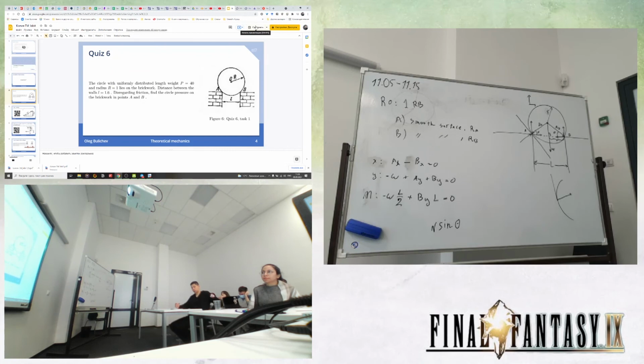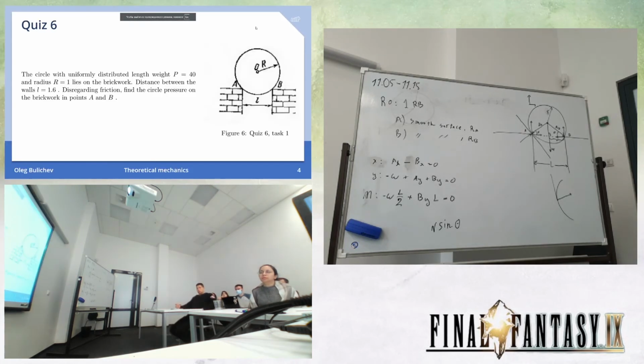Okay. But if you calculate AB by the Pythagorean theorem, it will be 1.4. AB is given. Yeah, but if you calculate, it's different from the actual solution. Here we have 1.6, but actually it has to be 1.4, for the circle.